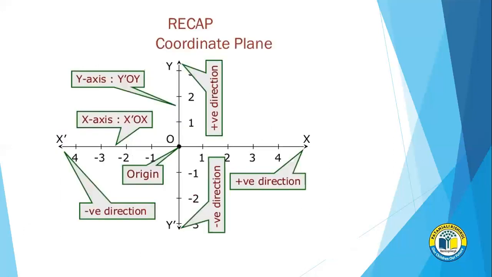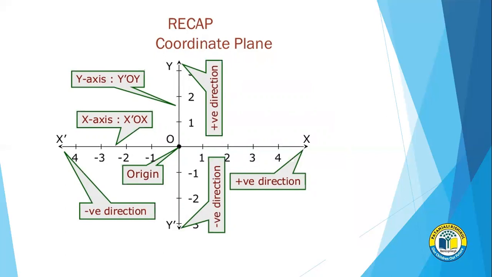Let's take a recap of a coordinate plane. Here we have a horizontal and a vertical line intersecting each other at point O. So that point O is the center of this Cartesian plane, which is called the origin. Now, this horizontal line is your x-axis, where the positive x-axis, which is on the right side, is referred to as X, and the negative direction, that is on the left side, is X dash.